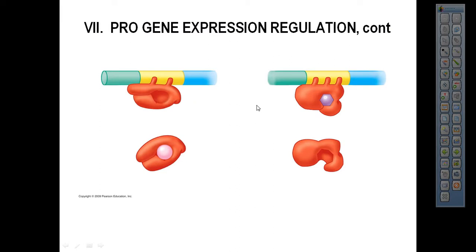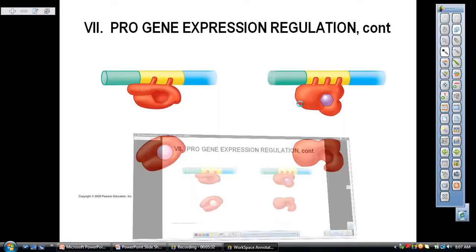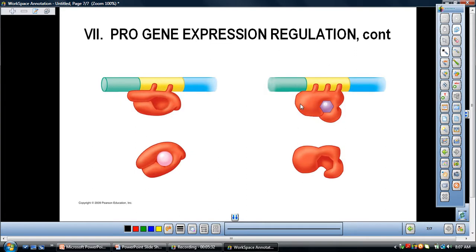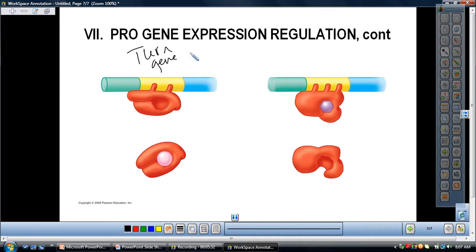So in this picture, what you see, let me draw on here for you. What you see is this one is going to turn the gene on. So this is the inducer, because here's the lactose, changes the shape, turns the gene on.